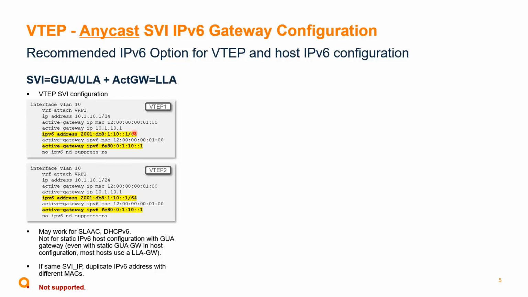So typically here, where you have that global address on the SVI and link local on the active gateway, it may work for SLAAC and for DHCPv6, but if you use a static IPv6 host configuration with a global address, you will end up having VTEP 1 and VTEP 2 seen with two different MACs, because we do not set a virtual MAC on the SVI. We set it on the active gateway, right? So here, that would not be really supported for static IPv6 host configuration, right?